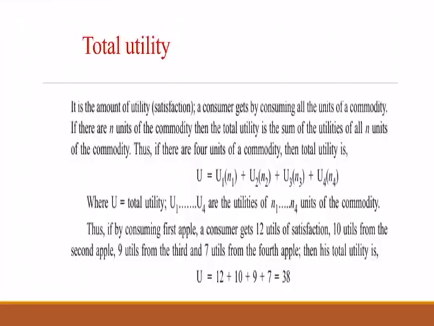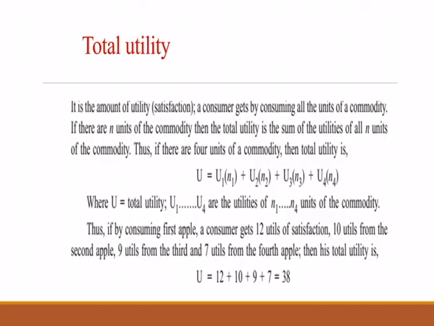As you can see in the PPT, with 4 units, u1, u2, u3 and u4 are the utilities and n1 to n4 are the numbers of commodities used, and we get the total utility.